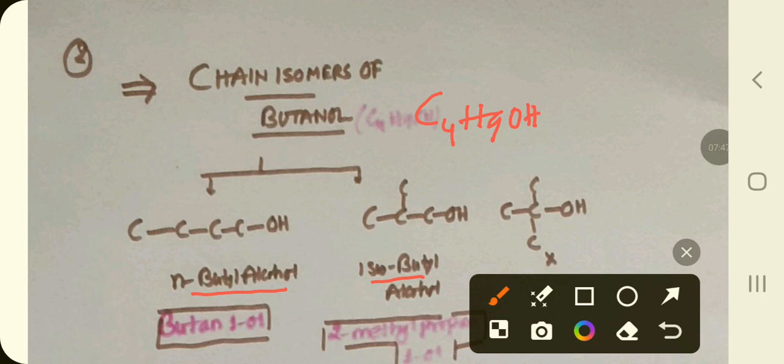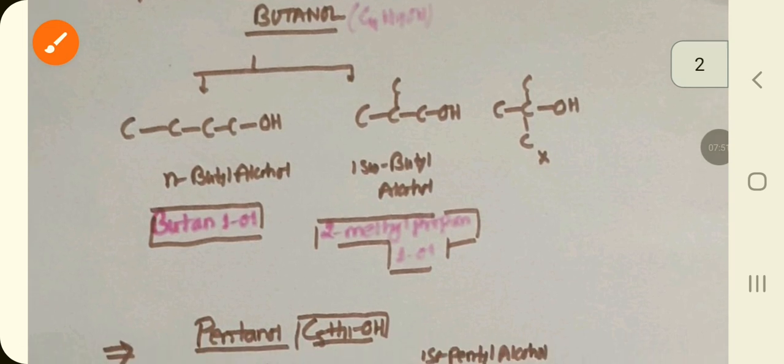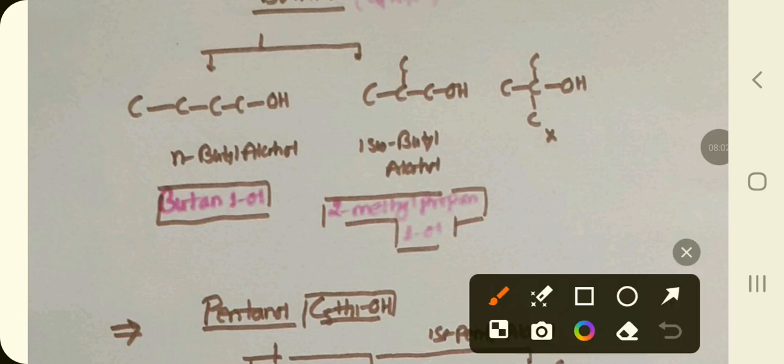So there are two possible chain isomers of butanol. The IUPAC name you can easily write. The first one is butane-1-ol, and the second one, numbering, is 2-methylpropane-1-ol. So there are two chain isomers for butanol.